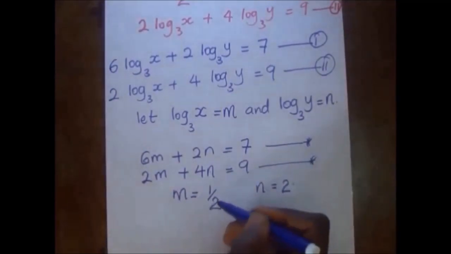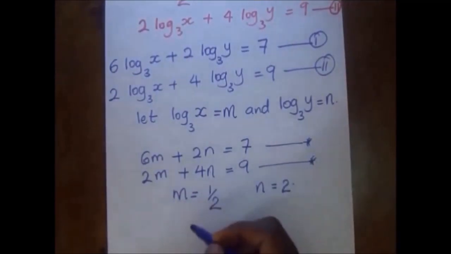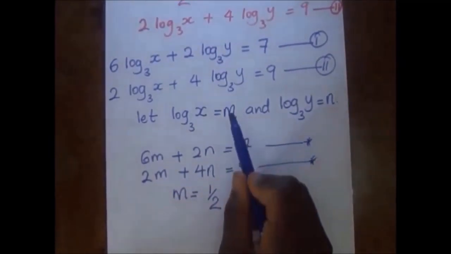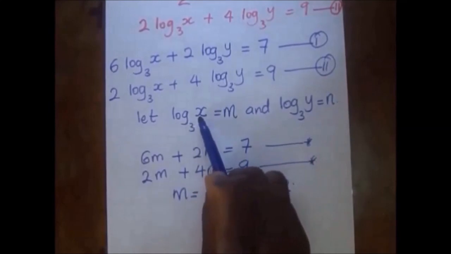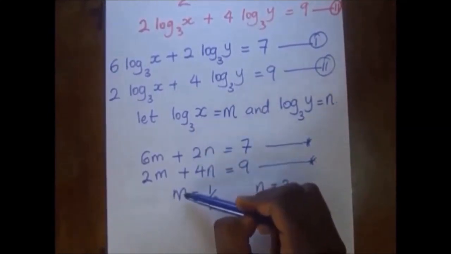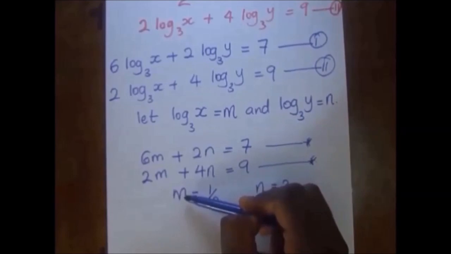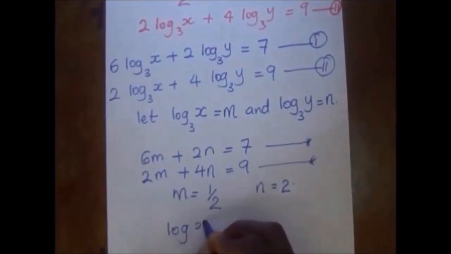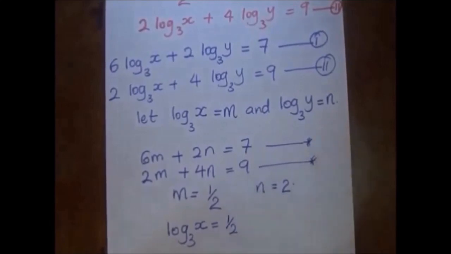So now, when m is 1/2, we bring back the logs. Our value of m is log base 3 of x, but we are interested in finding the value of x, not the value of m. So in this case, if m is equal to 1/2, it means that the log of x base 3 is going to be equal to 1/2.